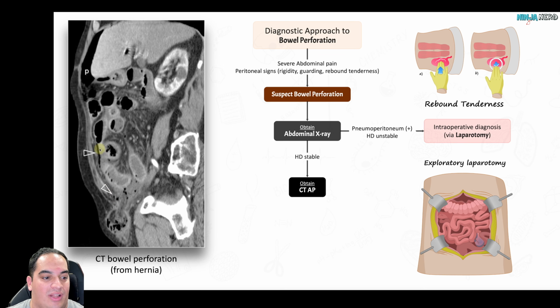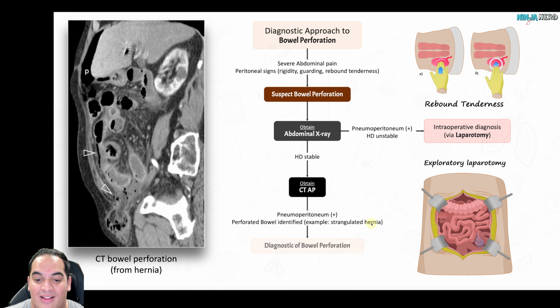And I can see air here in my actual peritoneal cavity and then identify the etiology. So here I can tell right away I have a bowel perforation due to an incarcerated hernia. In this particular situation, if I see a pneumoperitoneum and I find the etiology, I've found that the patient has a bowel perforation. And then now I can say, okay, here's what I got to do.